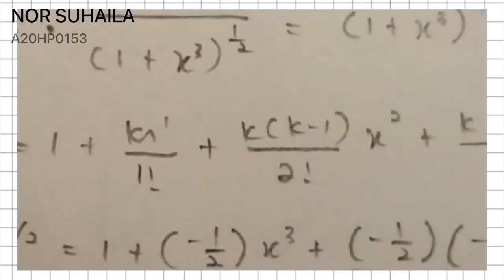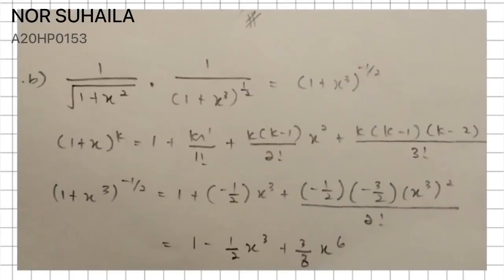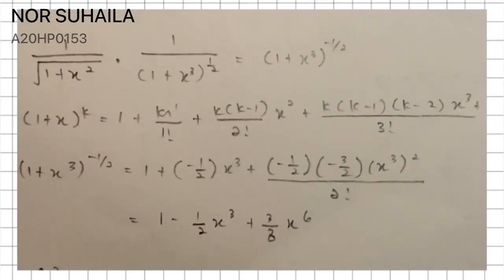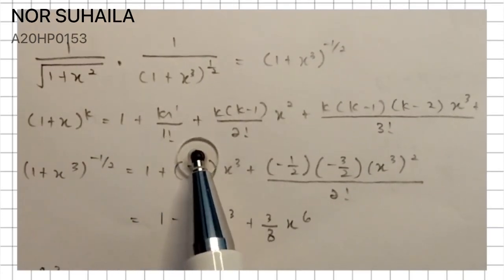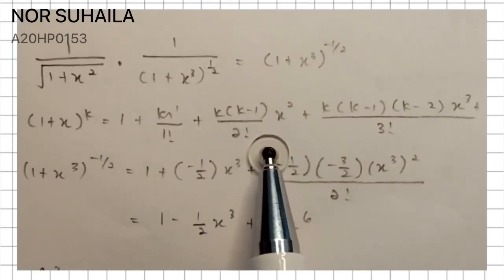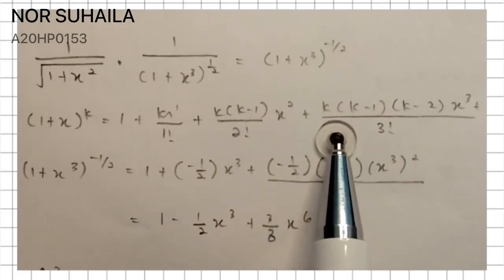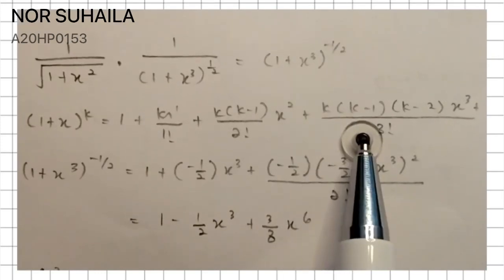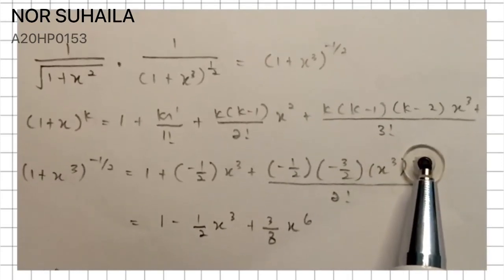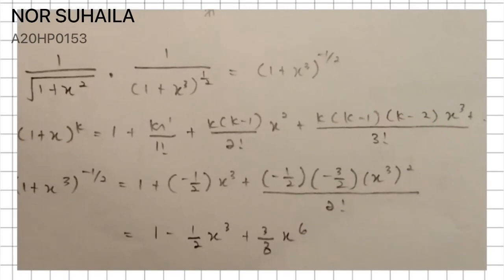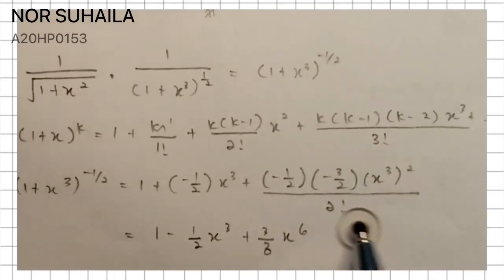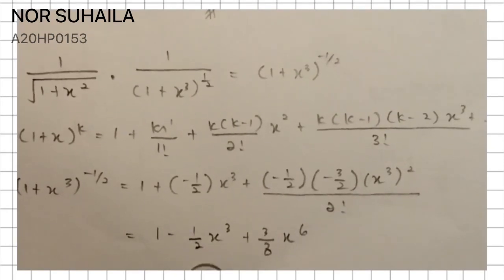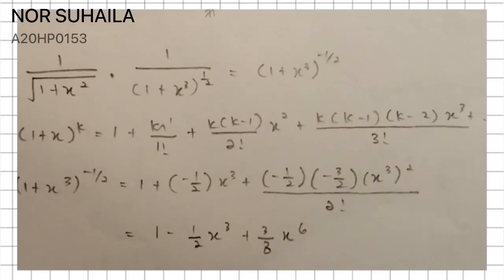The binomial formula is (1 plus x)^k equals 1 plus kx over 1 factorial, plus k(k minus 1) x^2 over 2 factorial, plus k(k minus 1)(k minus 2) x^3 over 3 factorial, plus and so on. For (1 plus x^3) to the power of negative 1 over 2, the final answer is 1 minus 1 over 2 x^3 plus 3 over 8 x^6.